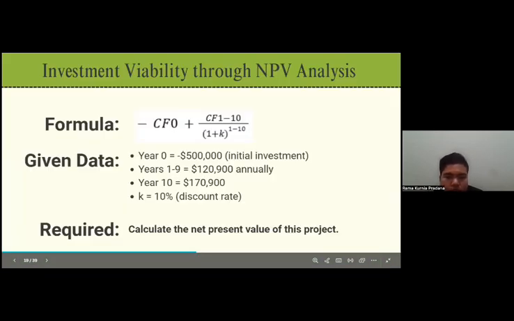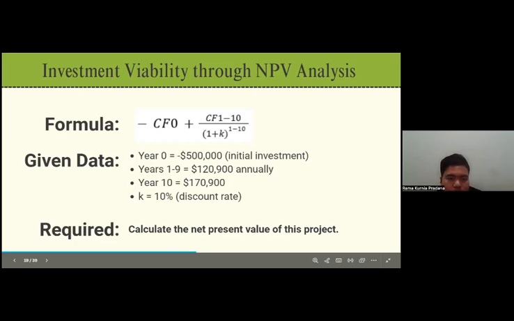To determine whether this project is financially viable, we use net present value, or NPV, analysis. The formula for NPV is minus CF0 plus the sum of CF1 to 10 divided by (1 plus K) to the powers 1 to 10. And the given data: the initial investment in year 0 is minus $500,000.